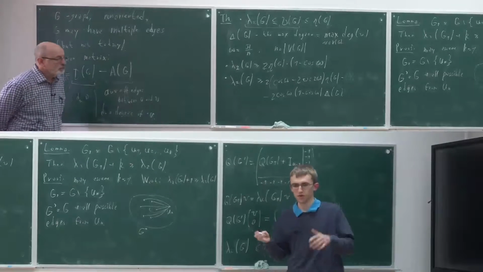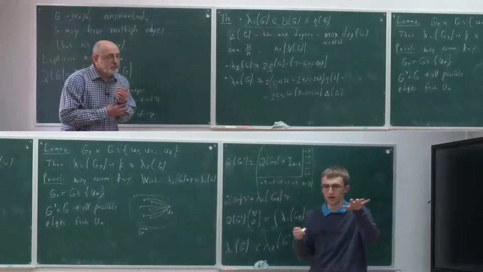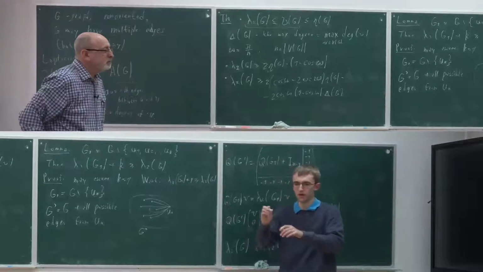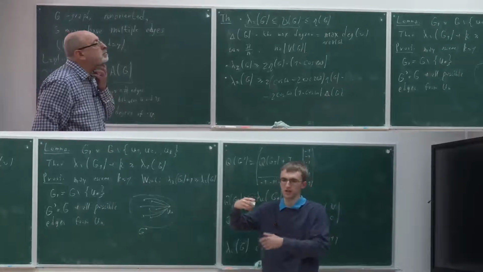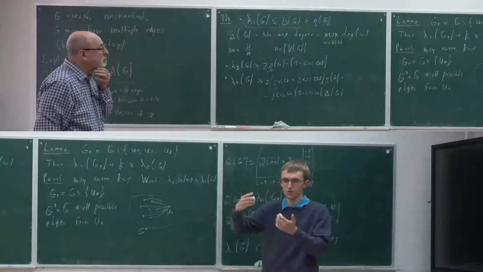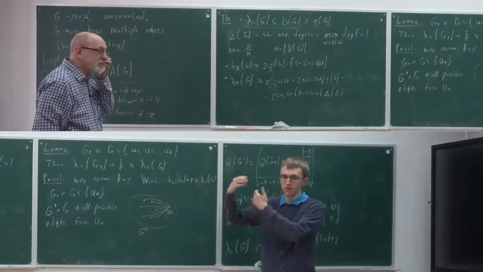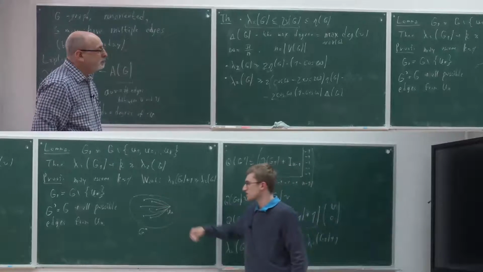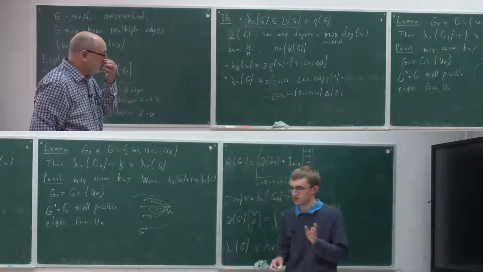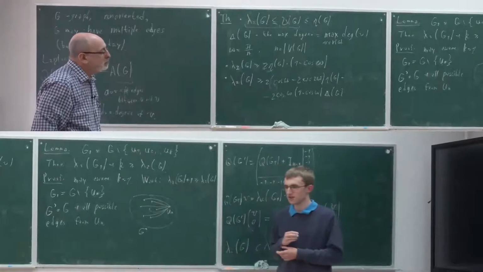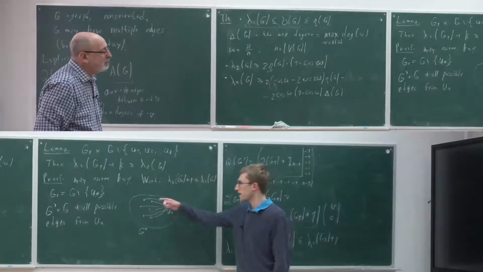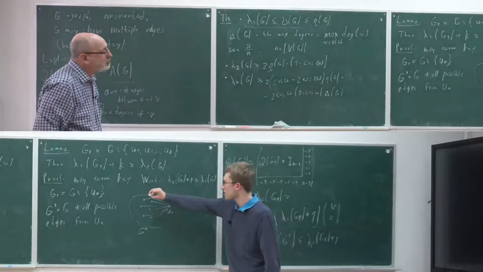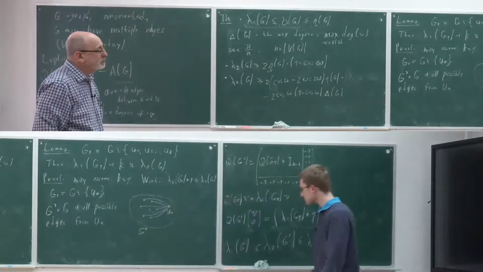So we have lambda 1 is less or equal than lambda 1 of the graph with the new edge, which is less or equal than lambda 2, which is less or equal than lambda 2 of the graph with the new edge, and so on. If we draw several edges, then the picture is not so beautiful, but nevertheless, we know that for any k, lambda k does not decrease when we draw edges. And that's why we have such an inequality.